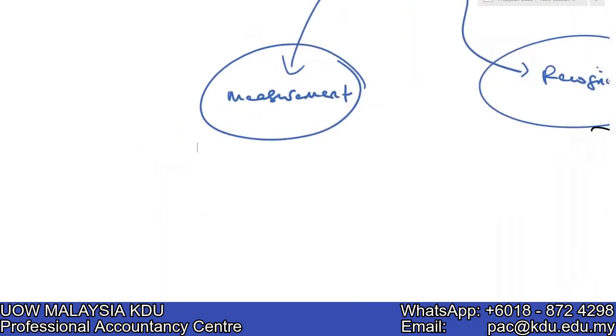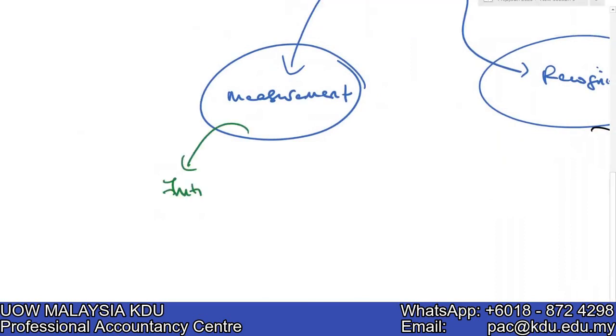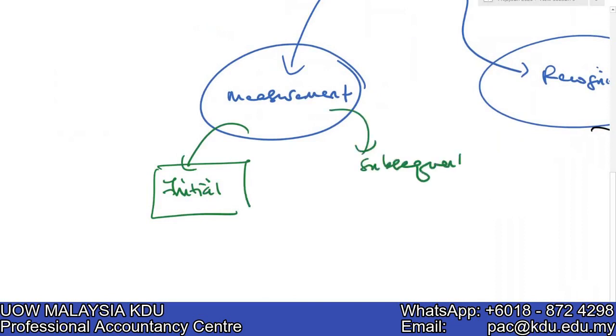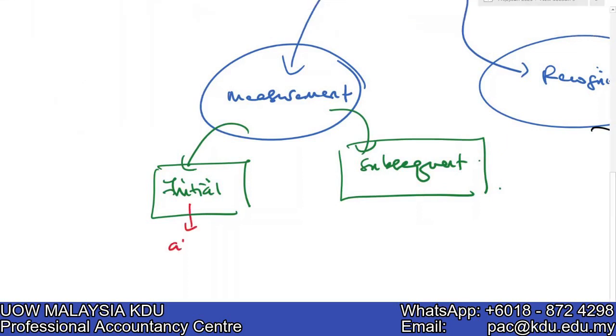We have initial measurement and subsequent measurement. Initial means on initial recognition. The first time you recognize the investment property, it should be measured at what value? Always, even like PPE, initial, it should be at cost.